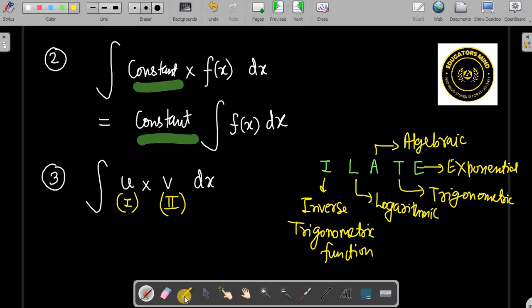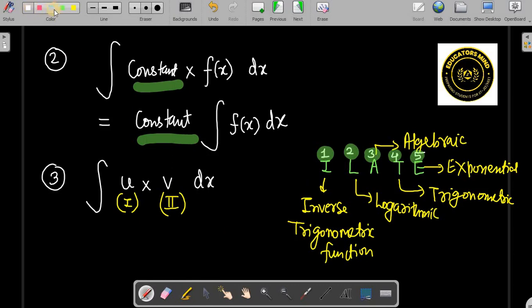So what you have to do is check this order. First, inverse function should be given first priority. Then logarithmic function second, algebraic third, trigonometric fourth, exponential fifth, or the last. 1, 2, 3, 4, 5. This is the order in which we are going to take them.